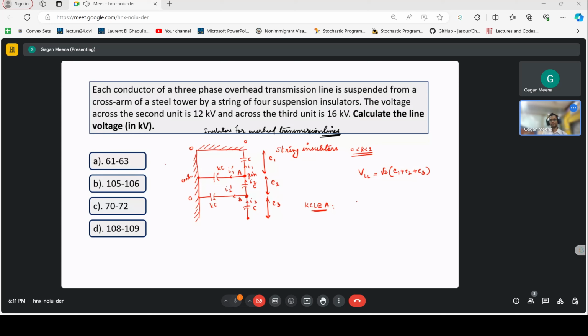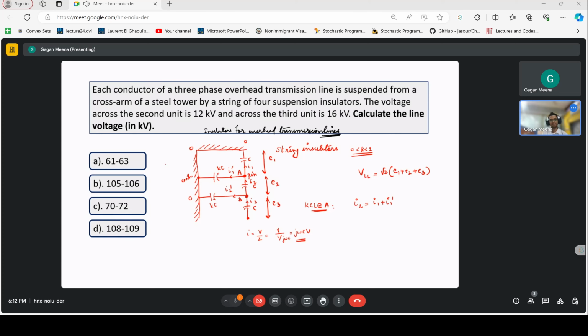So I2, across this capacitance the voltage is E2. So it is j omega, capacitance is C, and voltage is E2. Now I1 is this. So capacitance is C, j omega C, and voltage is E1.